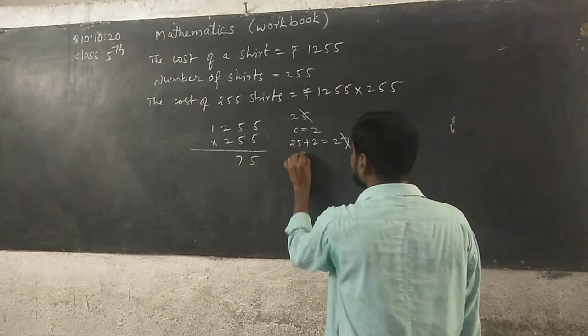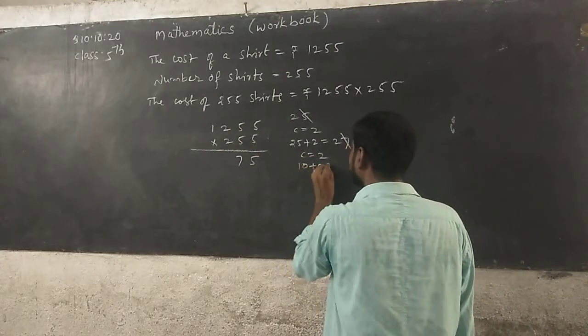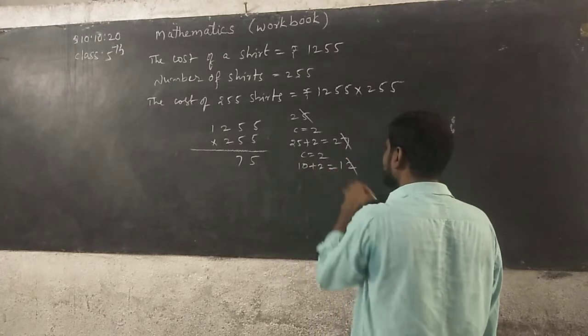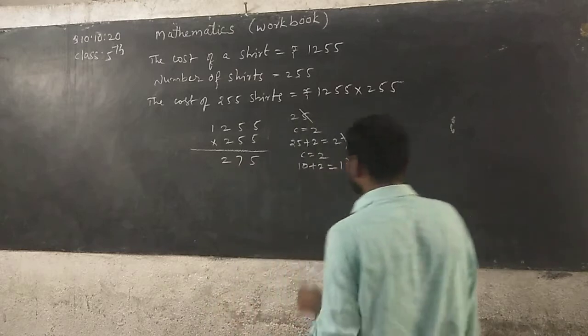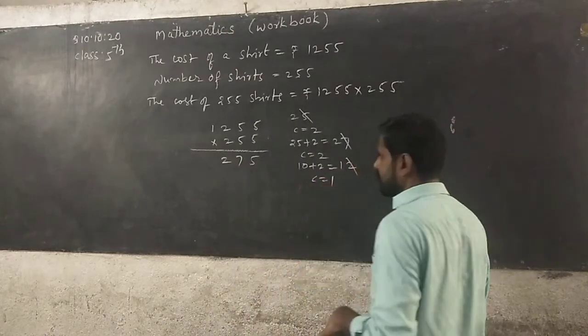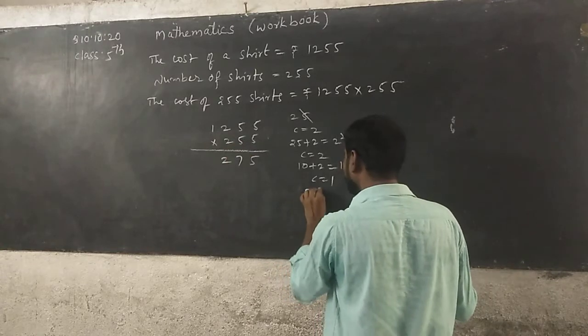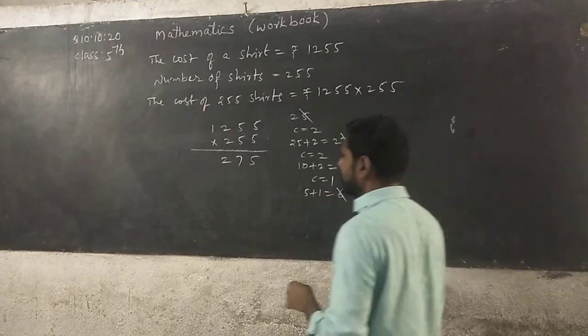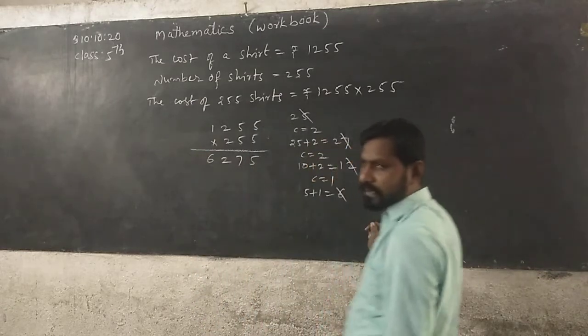Now here carrying 2. Next 5 twos are 10 plus 2, you get 12. 2 taking, write down under the hundreds place of the product. Now here carry 1. Next 5 ones are 5 plus 1, 6. You can write it in the next column, that is thousands column of the product.